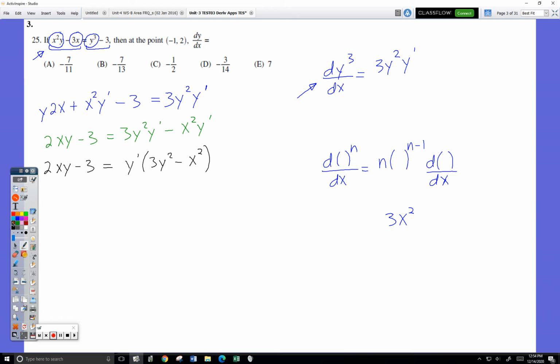You have y prime and 3y squared minus x squared. Good. So now you can divide by that factor. And that factor will divide to make 1. So then you get (2xy minus 3) over (3y squared minus x squared). Yep. So now you have a formula for computing y prime.